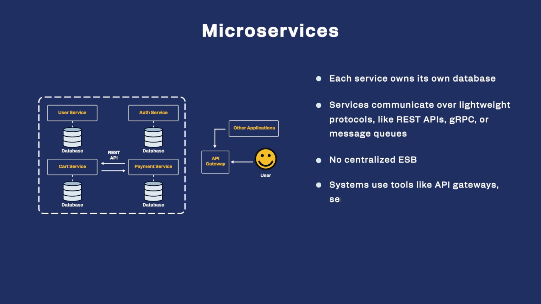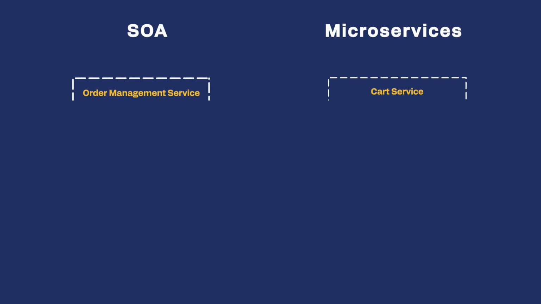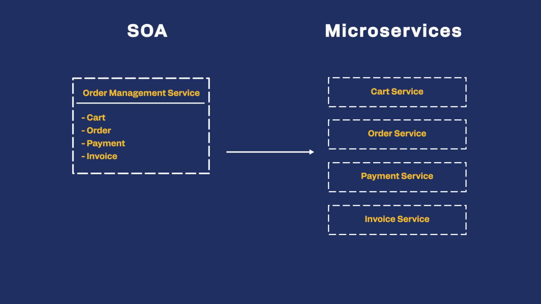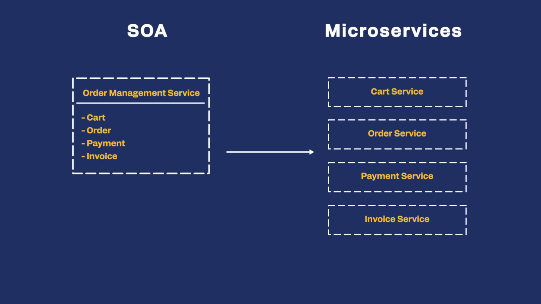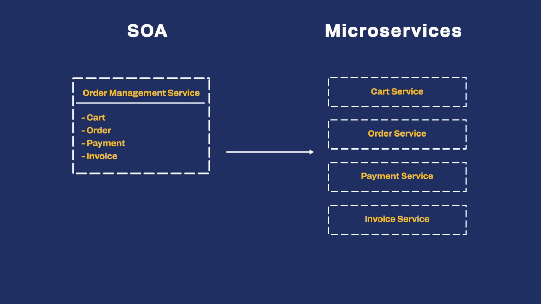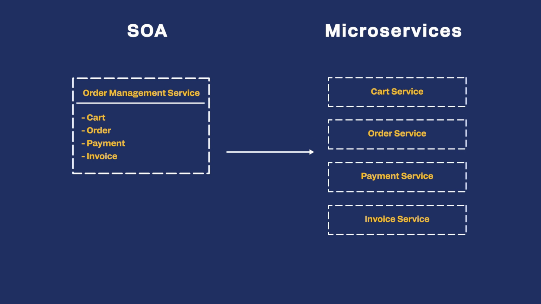Instead, systems use tools like API gateways, service discovery, and observability platforms. Services are small, focused, and designed around a single responsibility. In SOA, an order management service might handle carts, orders, payments, and invoices. In microservices, they are split into separate services: a cart service, order service, payment service, and invoice service.